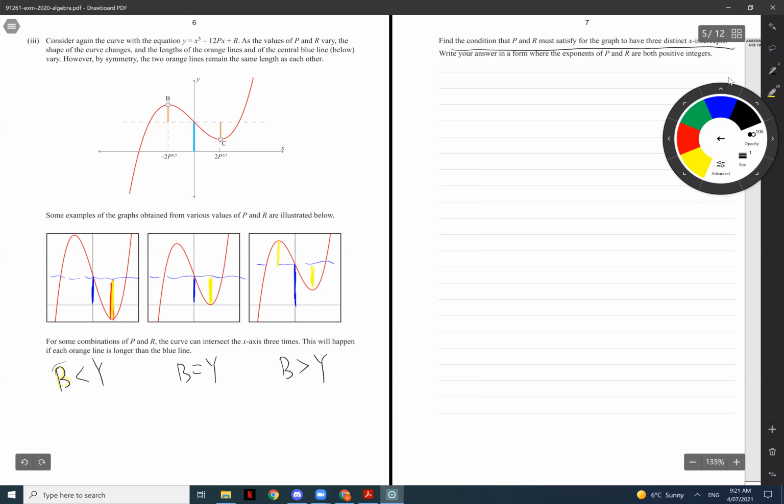The first one gives you 3 x-intercepts, the second gives 2, and the last just 1.